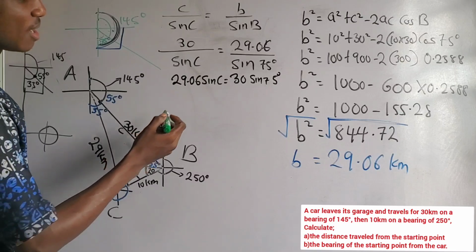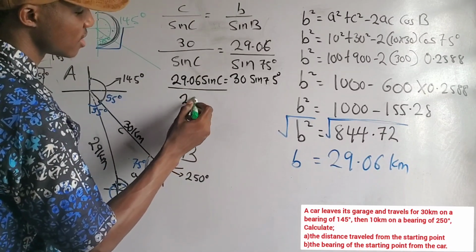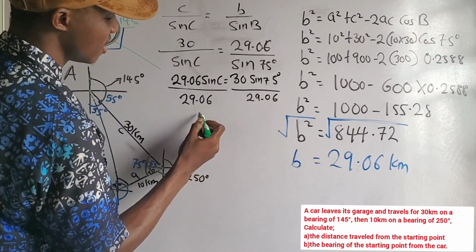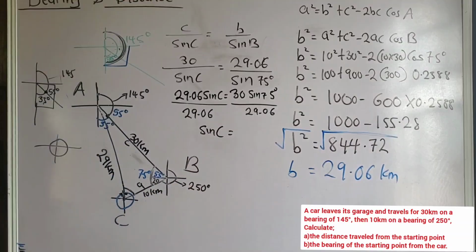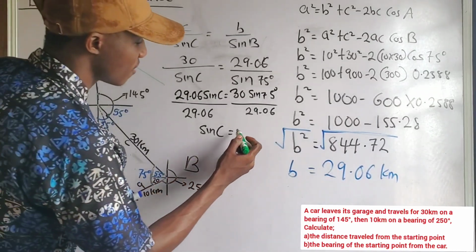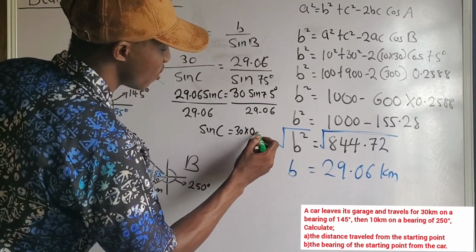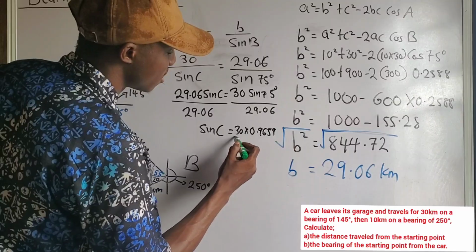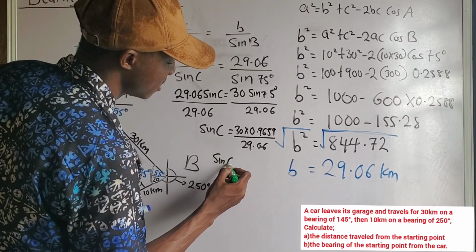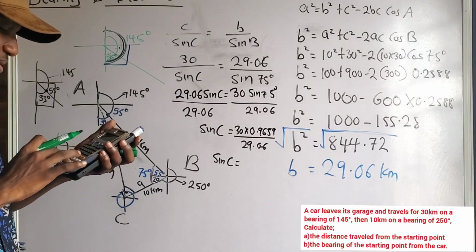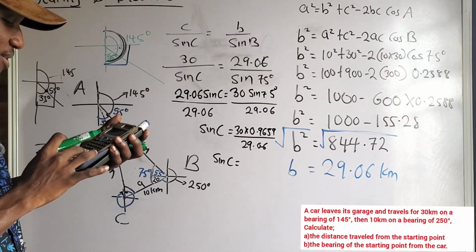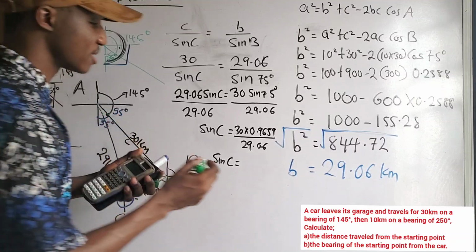Now, to get the value of C, I'm going to divide by 29.06, all over 29.06. So sine C is equal to 30 sine 75 degrees over 29.06. Sine 75 degrees is 0.9659. So sine C is equal to 30 times 0.9659 all over 29.06. That is 28.97.